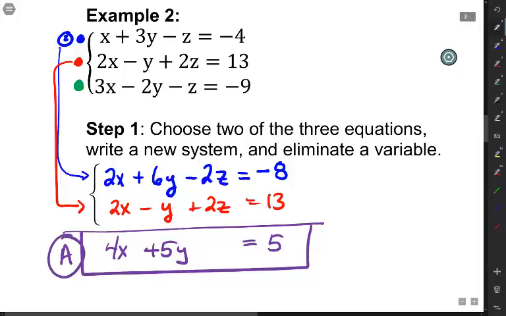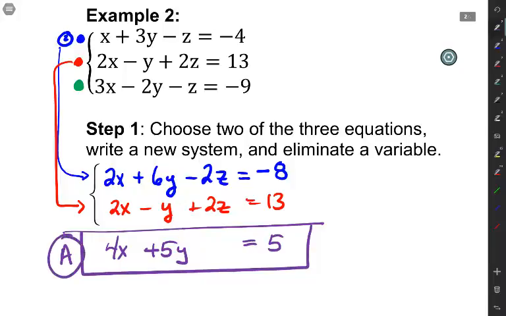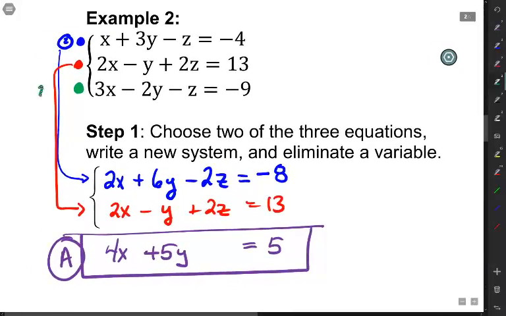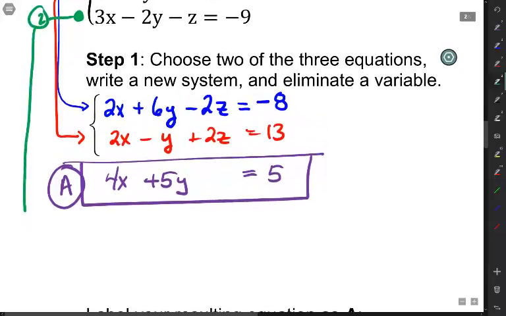Equation A. What equation must you use in the next step? Green. Have to use green, right? How are we going to manipulate green? Same way. Multiply by 2 again? No. Okay, so I'm going to put a little 2 here and draw a line through it and come all the way down.